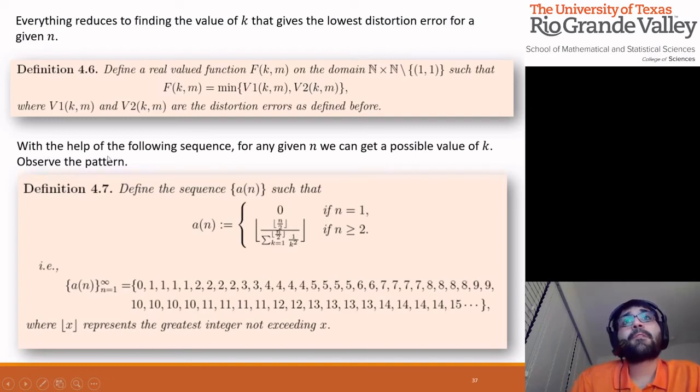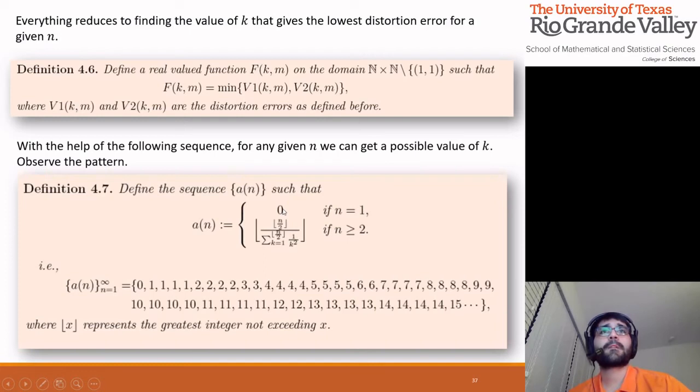With the help of the following sequence, for any given n, we can get a possible value of k and then observe the pattern. So we're going to be defining this sequence: when n equals 1, a_n is 0, and when n is greater than or equal to 2, it follows this. And we can observe here the first elements of the sequence.